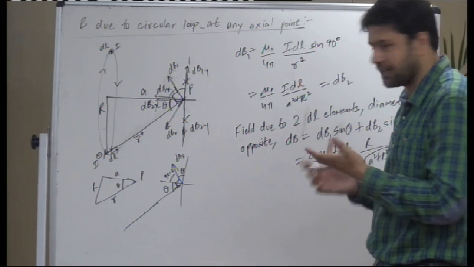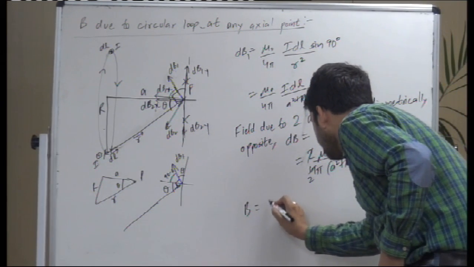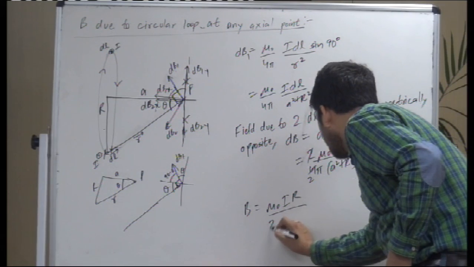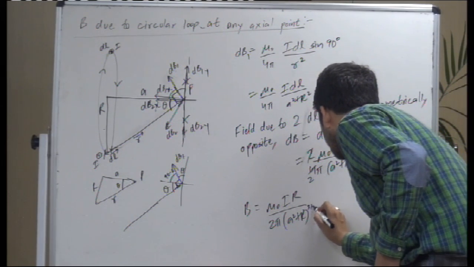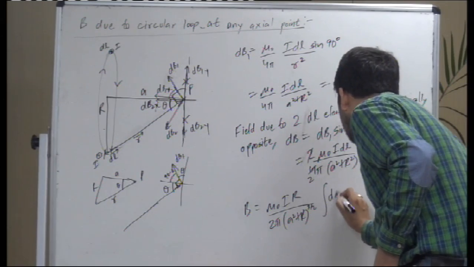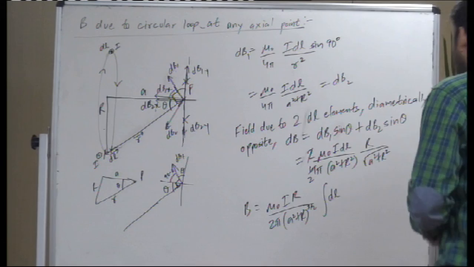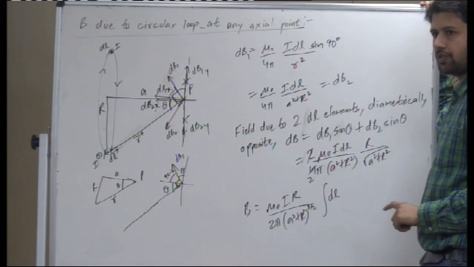So I'll directly integrate it. The magnetic field would be the integral. All the constant things would come out: mu naught I upon 2 pi, a square plus r square raised to power 3 by 2, integral dl. This was the field for two elements.